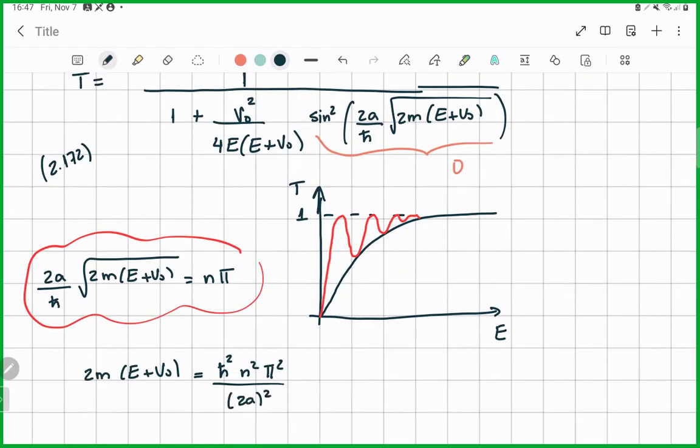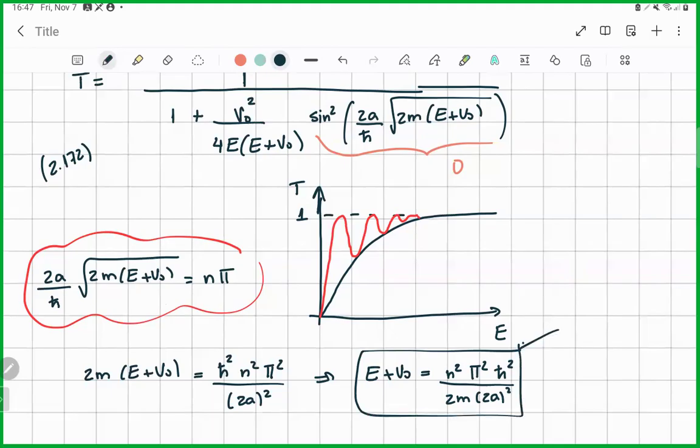And you see that what we have is the energy being equal to n square, pi square, h bar square over 2m (2a) square, which is, again, the recurrent result, no? The energy of the infinite square well. So these are special points where the transmission is perfect, even though the energy is not sufficiently large. Okay, so this is the end of this discussion.